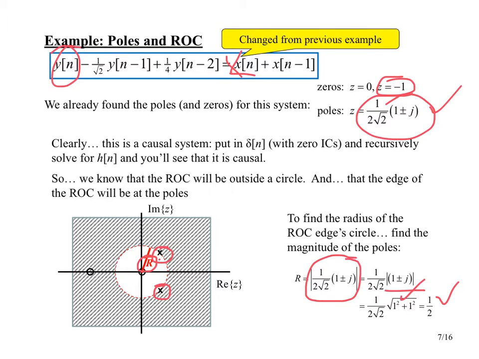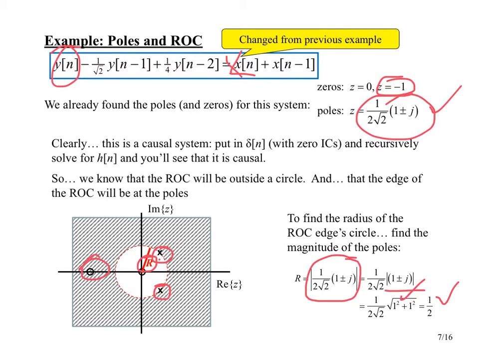And then note that we have a 0 outside that circle, so zeros can actually occur either inside the region of convergence or not in the region of convergence. It doesn't really matter. But poles cannot be in the region of convergence.